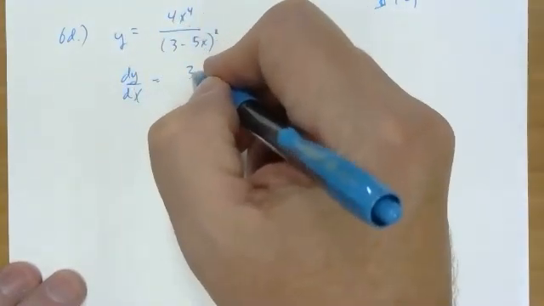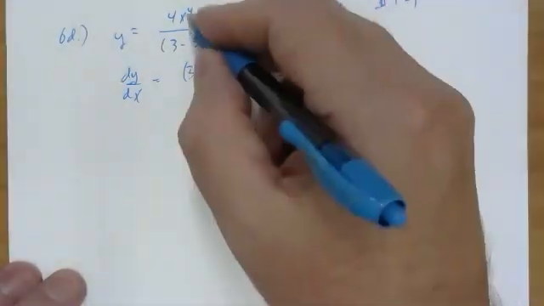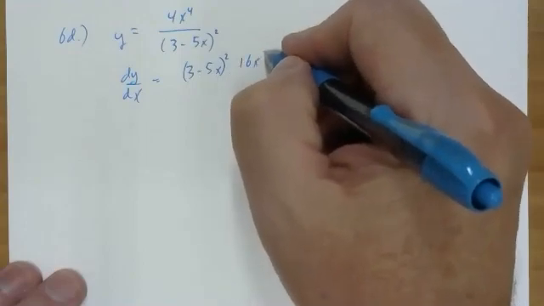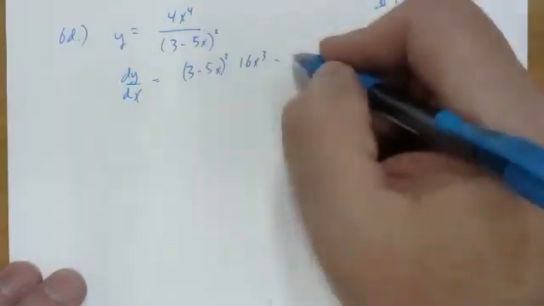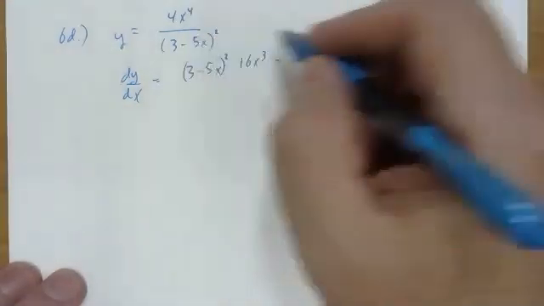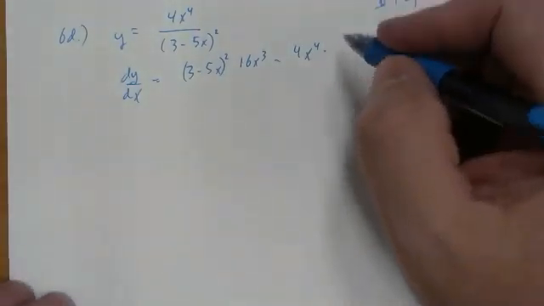Quotient low, D high, derivative of this is going to be 16x to the third, minus high, D low, derivative of the bottom is going to be the chain rule.